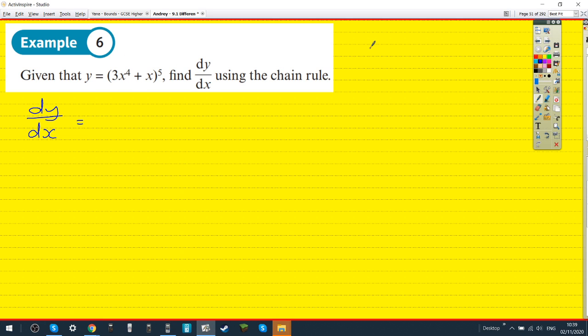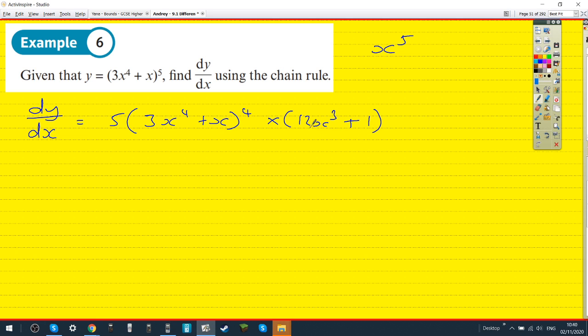Imagine it was like u to the power of 5 or x to the power of 5. That'd be 5, and then (3x^4 + x) to the power of 4. And then what is the derivative of this bracket? 12x cubed plus 1.